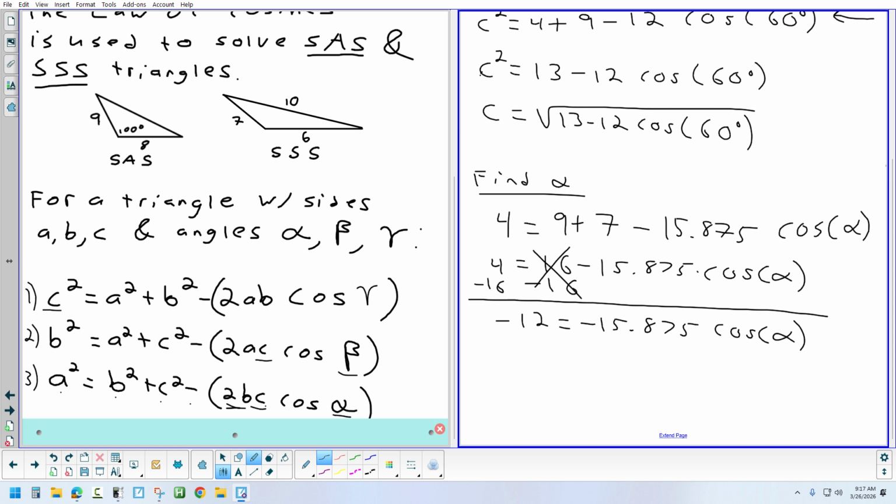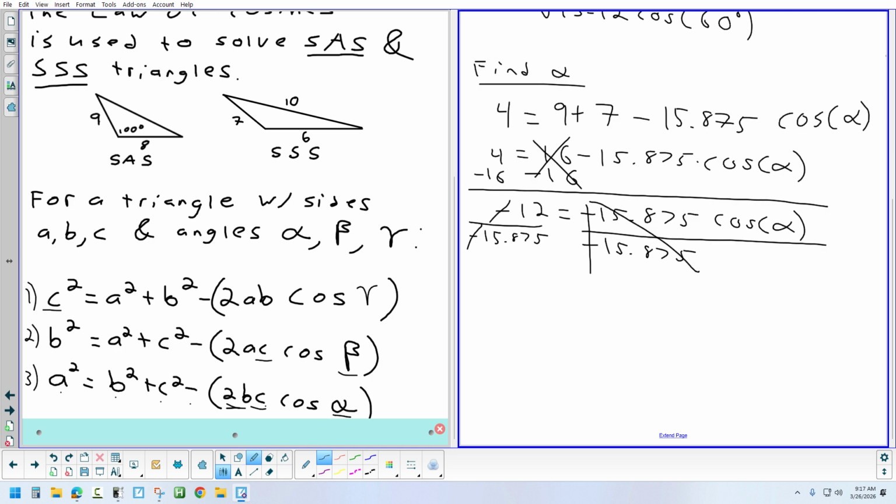How would we get rid of that? Divide it out. Yep, and what would you divide by? Negative 15.875 on both sides. That's going to cancel your negatives here, the 15s, and it's going to cancel your negatives there.